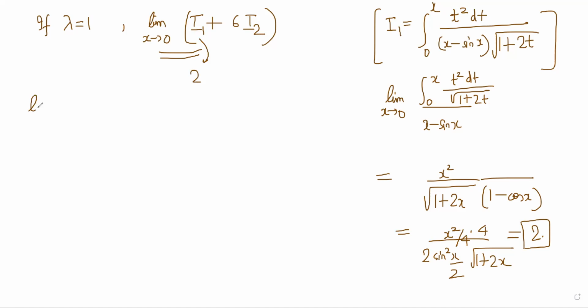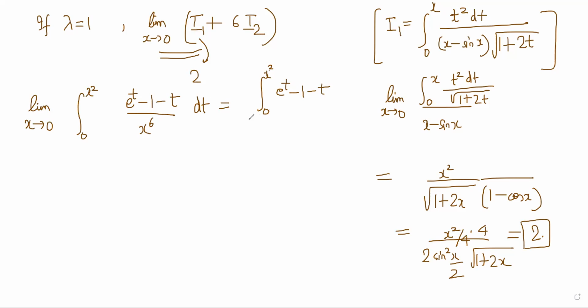We have to find the limit as x tends to 0 of the integral from 0 to x square of (e power t minus 1 minus t) dt divided by x power 6, right?